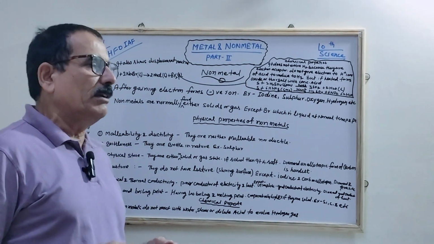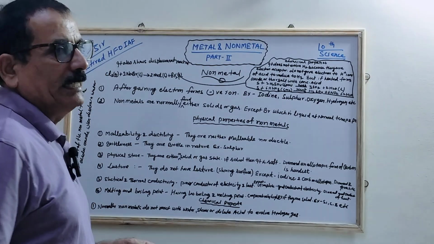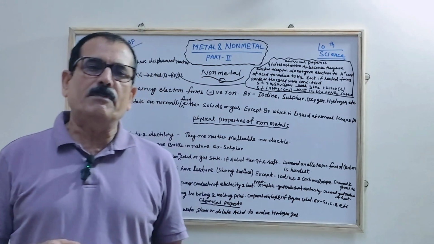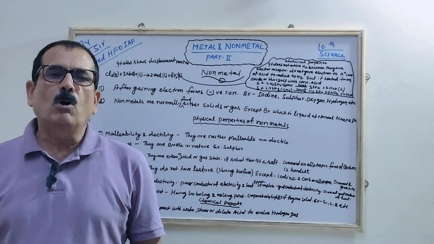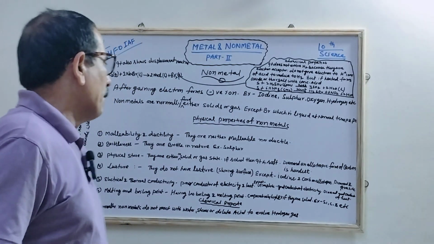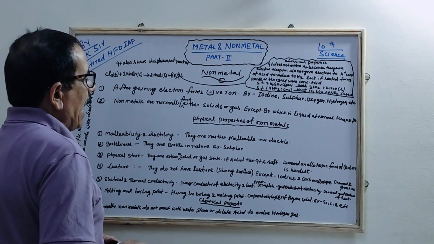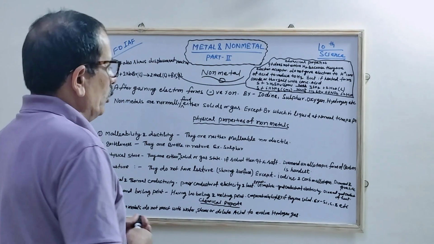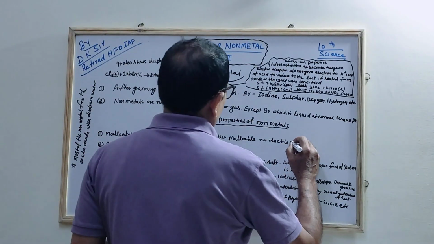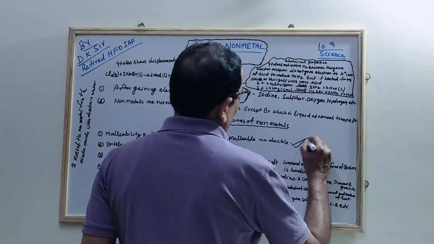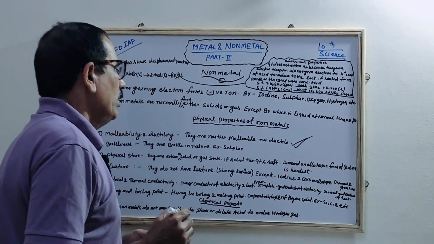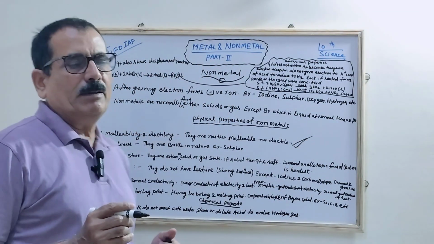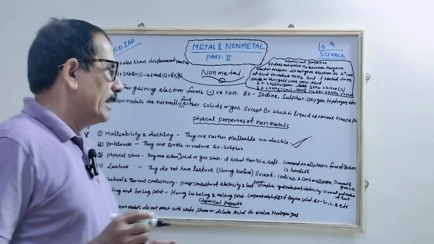Ductility is the property by which it can be drawn into a wire, correct? So the non-metals are neither malleable nor ductile, correct?